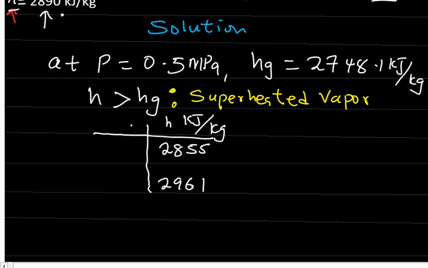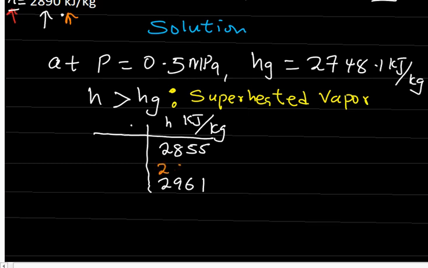Okay, which simply means that the enthalpy that is being given, the one we are to find the temperature that corresponds to, is in between this. So in between it, we are having 2890.